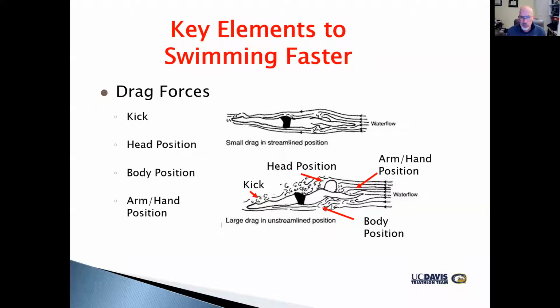So let's focus here on the drag and the various positions and elements that affect drag. So the body position, hand position, head position, they all kind of interrelate. As you have an upper torso that's going up at an angle, the head often is part of that upward angle, so you get a lot of extra drag hitting that. Swimmers will drop their elbow and ski their hand upwards, which creates drag.